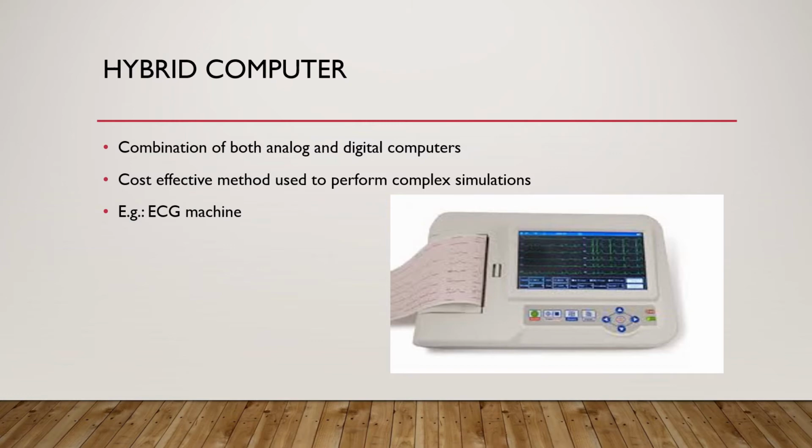This is a cost effective method used to perform complex simulations. That means it is a low cost method used to perform difficult testings; simulations means testings. The example for that is the ECG machine used in hospitals to measure the heartbeat of patients.